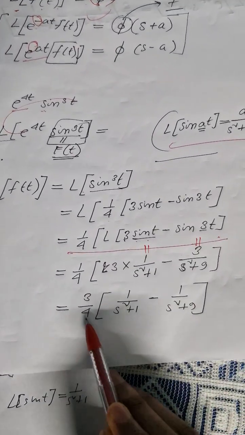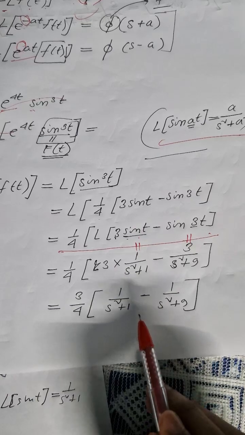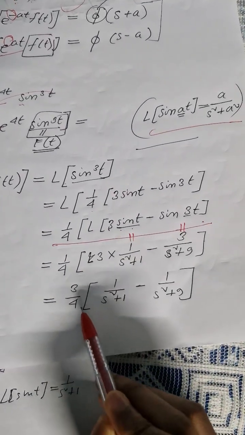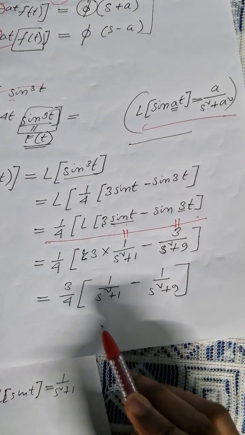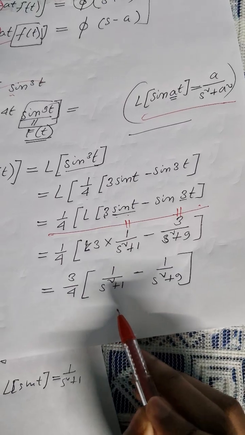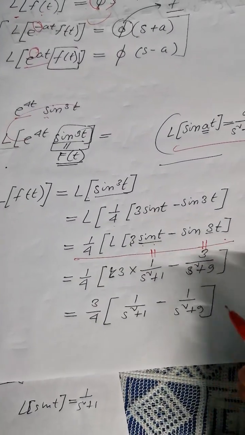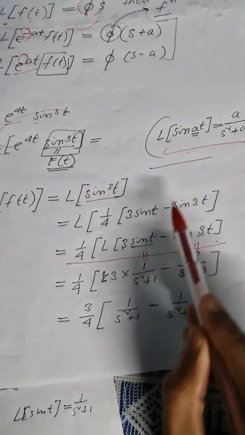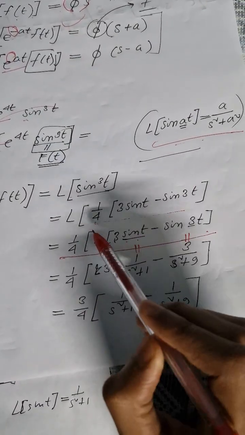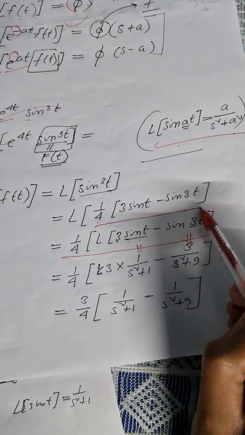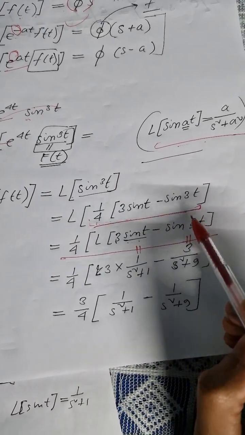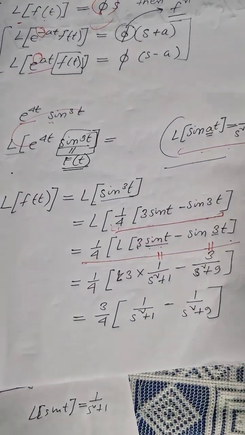Further simplifying, the 3 comes outside collectively, and it becomes 3 by 4 into (1 by s square plus 1 minus 1 by s square plus 9). It's all these formulas, including this basic formula from trigonometry.